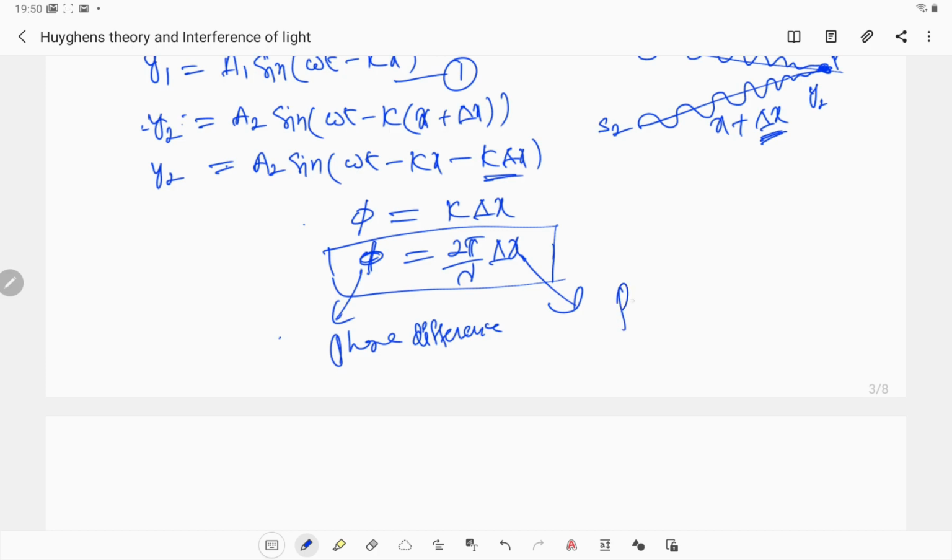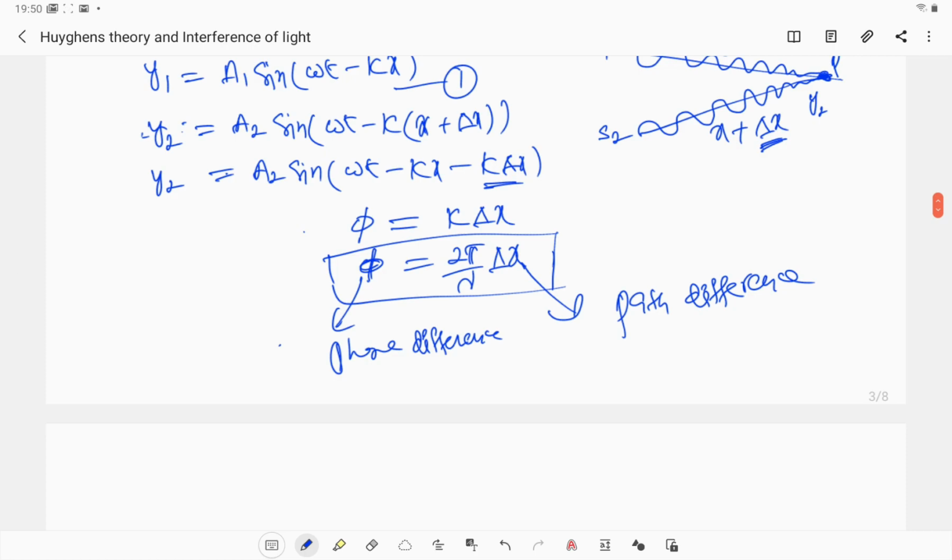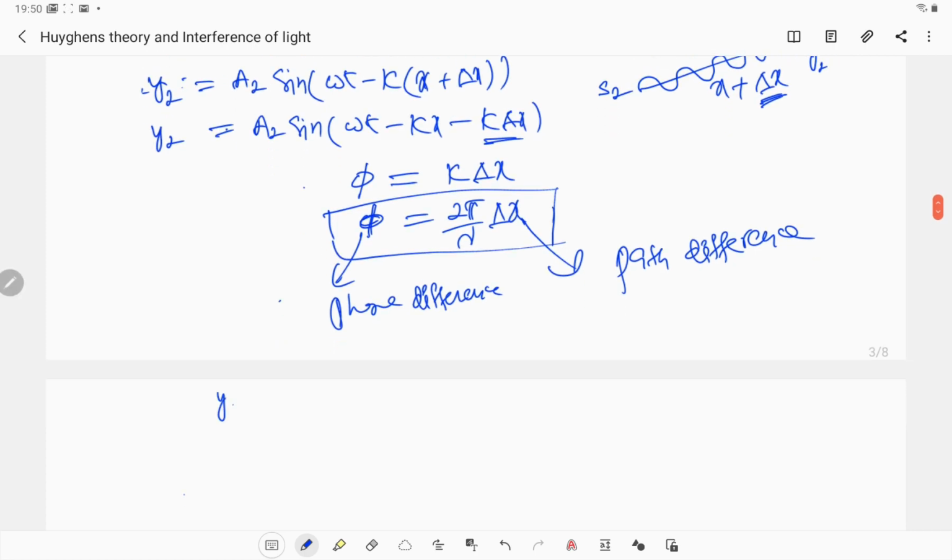and this is nothing but the path difference. Therefore, phase difference and path difference. Then y2 is equal to a2 sin(ωt − kx), where kx means minus φ. It is equation number 2.